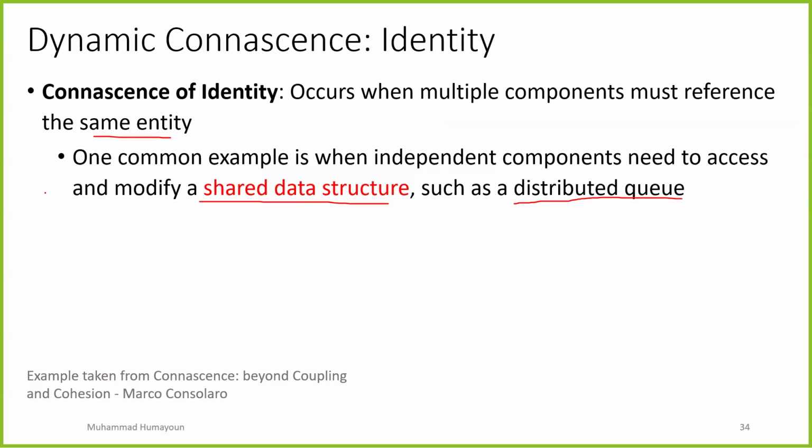You want to add 1 to the existing counter. So you got some kind of distributed data structure, maybe an int variable, maybe a queue, some kind of thing, and you want to update that value. You want to keep that. So that is the connascence of identity.